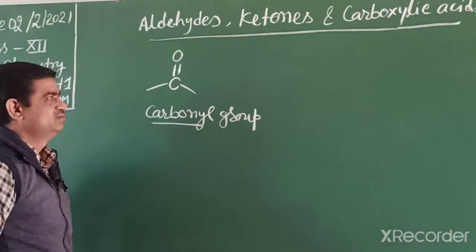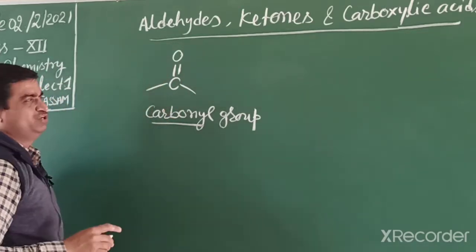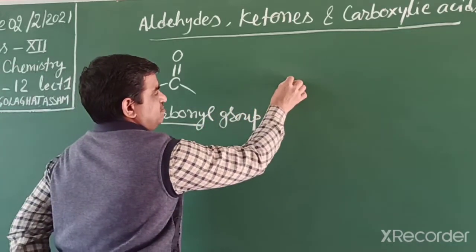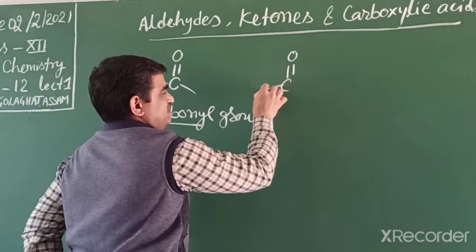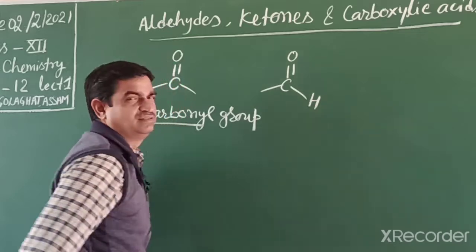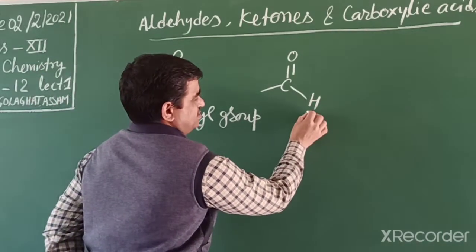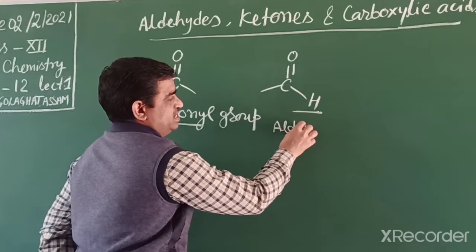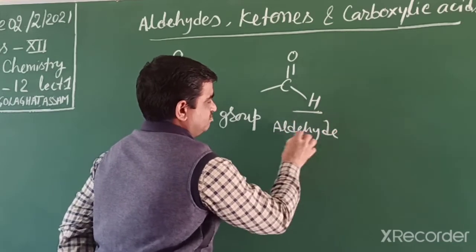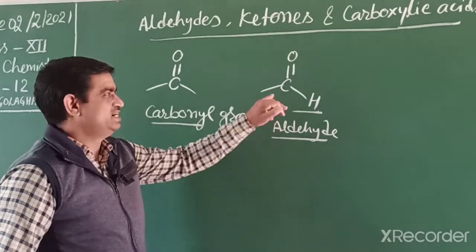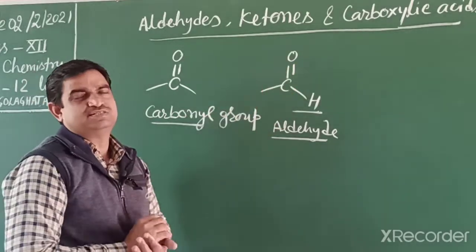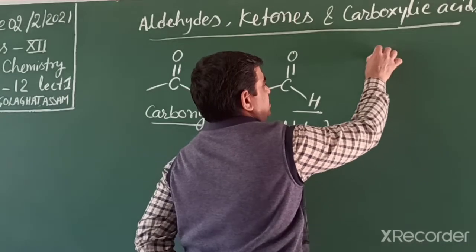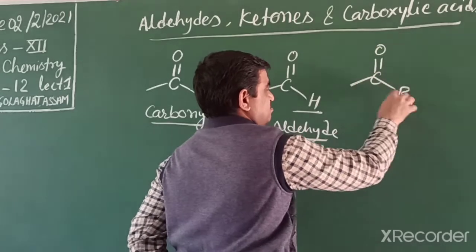In this carbonyl group, if one side attaches hydrogen, then the compound is called an aldehyde. If one side attaches at least one hydrogen, that is an aldehyde. If both sides of the carbonyl group attach at least one carbon, then it is called a ketone.